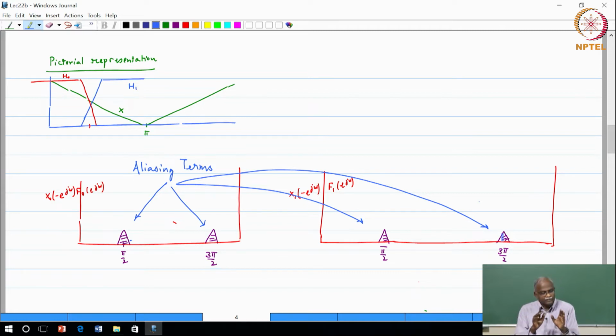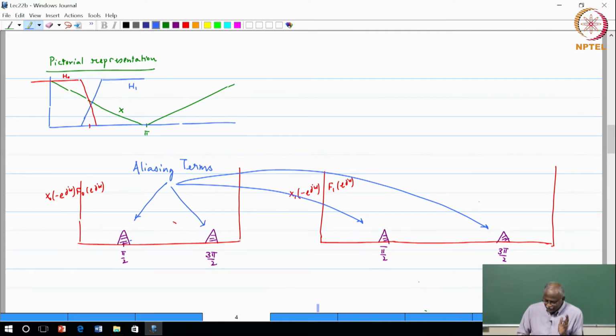And looking at the spectral occupancy, if these have more or less the same magnitude response and opposite phase, they would cancel each other, and that is the underlying principle. Okay.